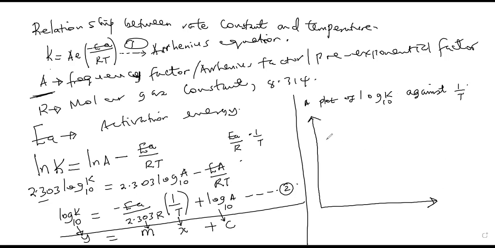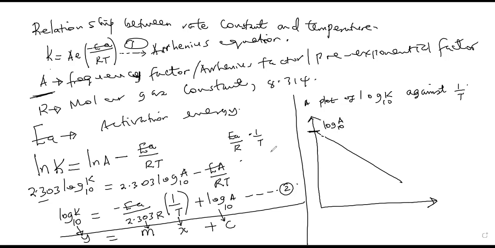So you can plot, and maybe your graph appears like that. When your graph appears like that, by extrapolating here, we shall have our intercept, which is log 10 of A. You can easily determine that A from the graph.